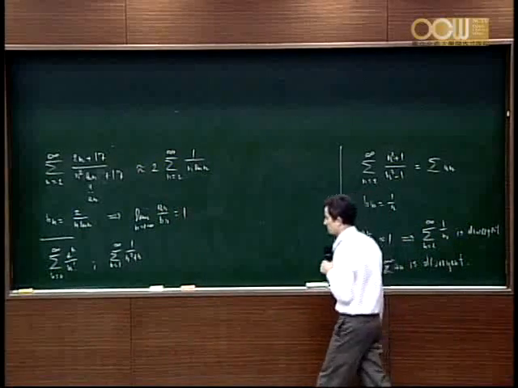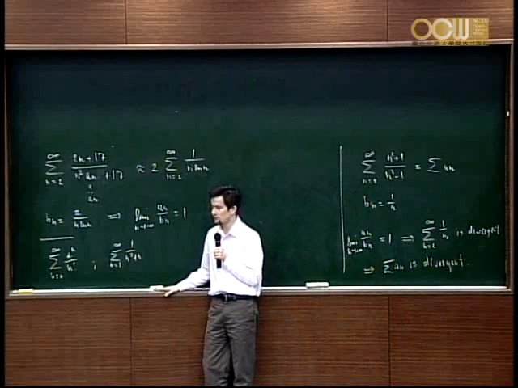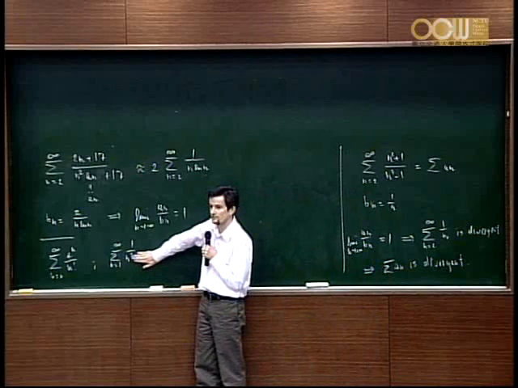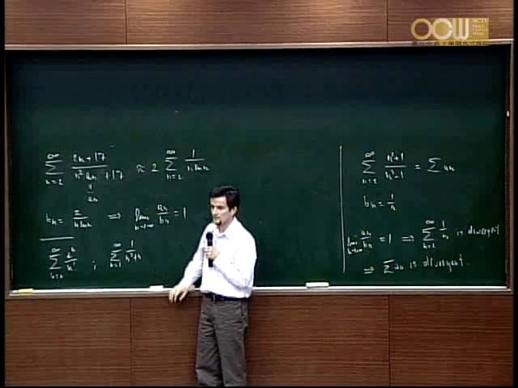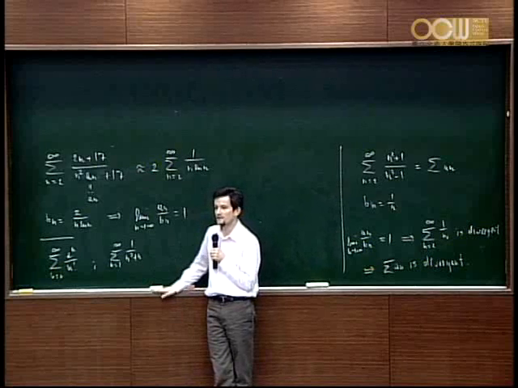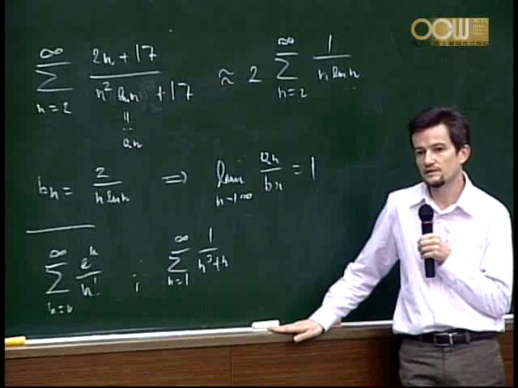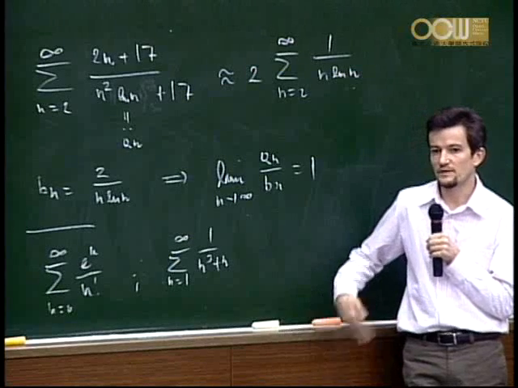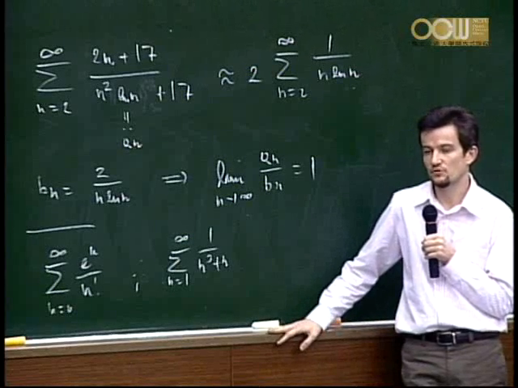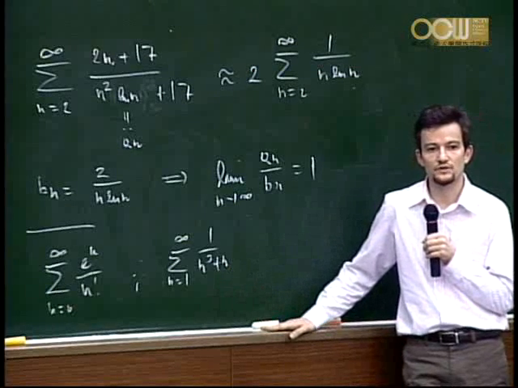But the comparison test is much easier, in particular the limit version of the comparison test, because for the limit version, you just observe that this series is convergent. That's it. Now, for the integral test, it's not complicated, but we have to compute a more complicated integral, which involves much more computations. So you see here, obviously, looking at this example, the advantage of the comparison test.